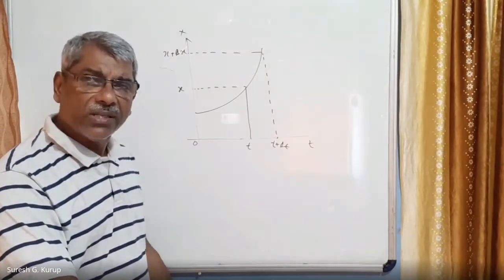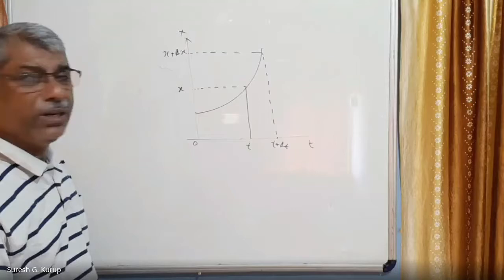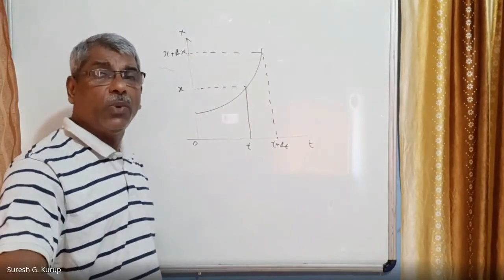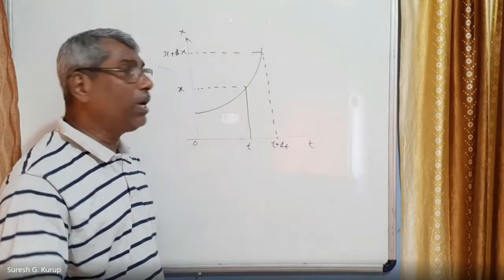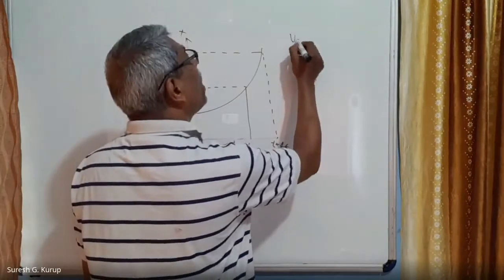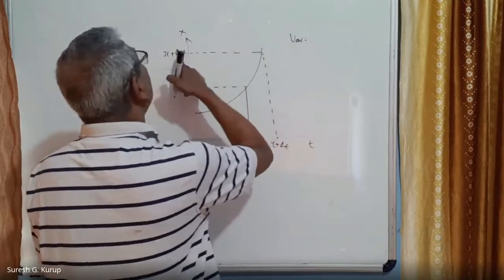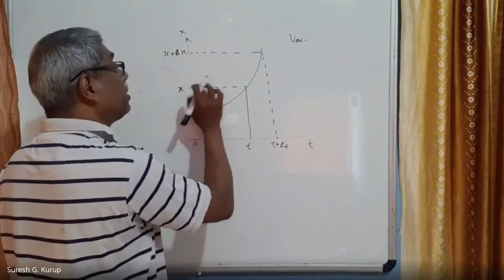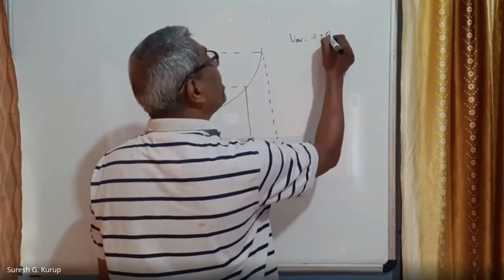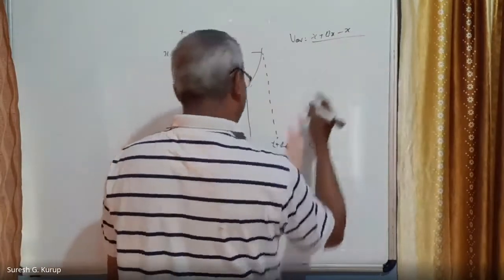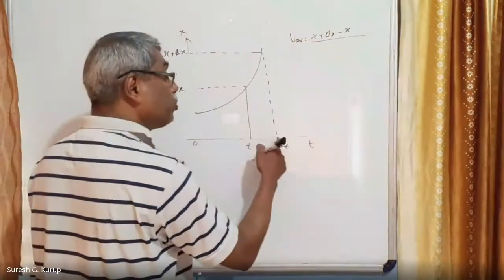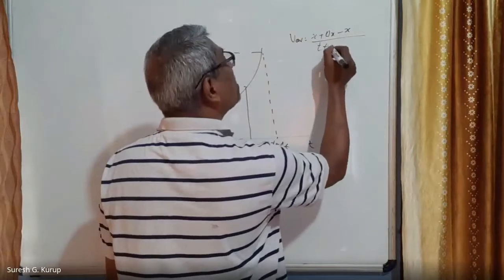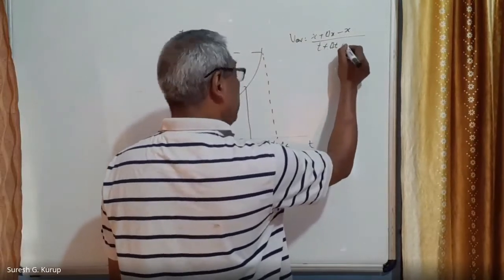From this graph we can find the average velocity. Average velocity means total displacement by total time. V average is equal to total displacement, that is x plus delta x minus x, divided by total time, that is t plus delta t minus t.